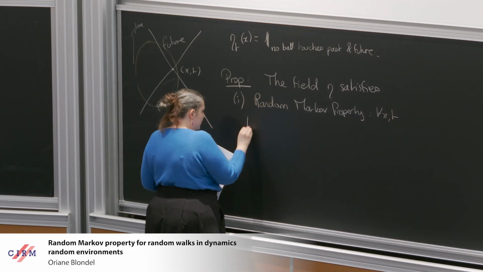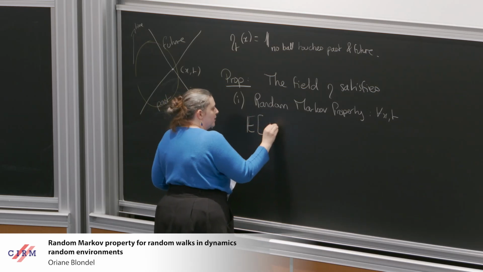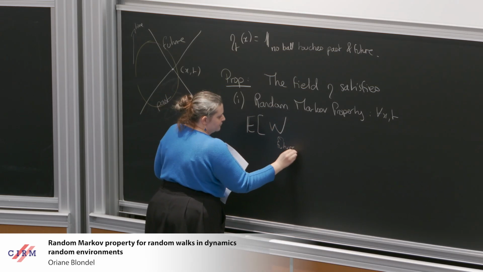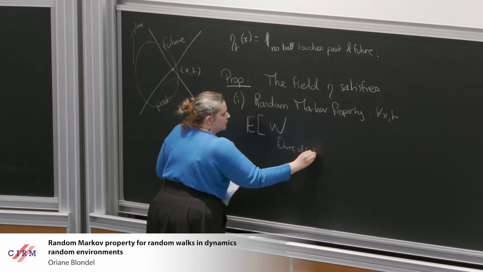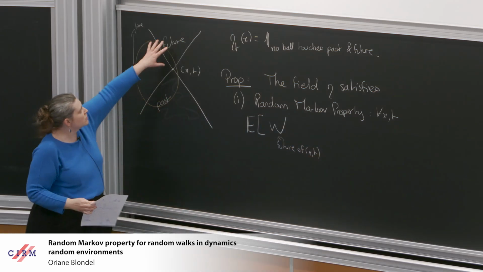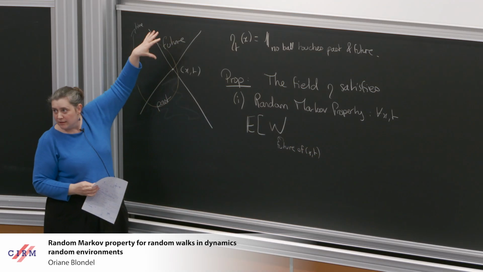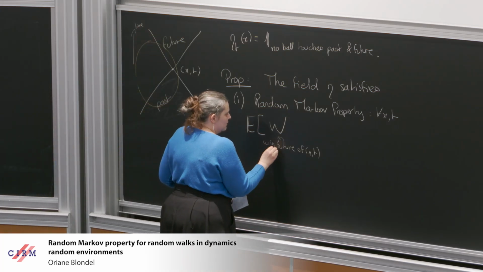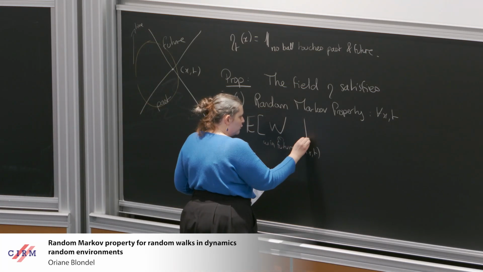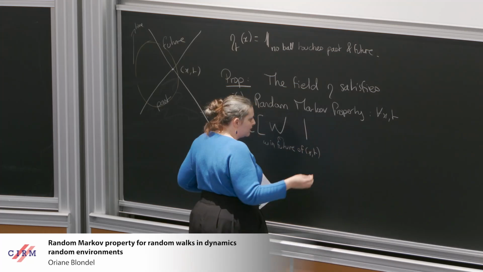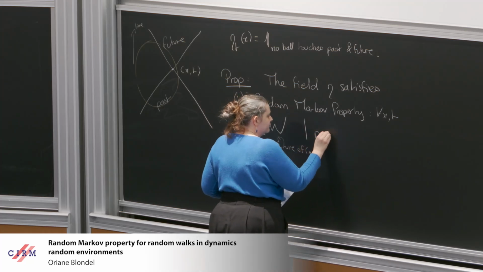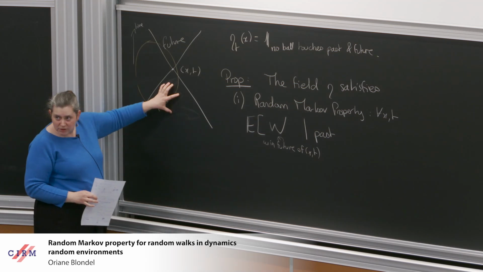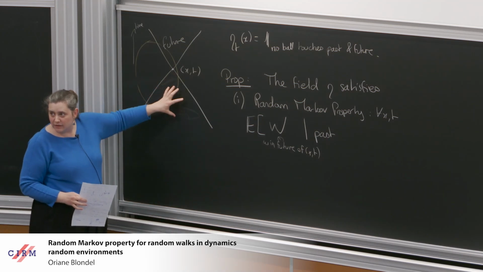you want to look at something that happens in the future, some event that is measurable with respect to omega in this cone, omega in the future of xt. You want to condition on everything that happened before, and by everything, I mean not only omega, which is here, but also the etas that I've observed there.